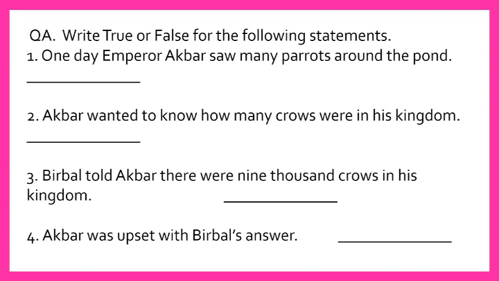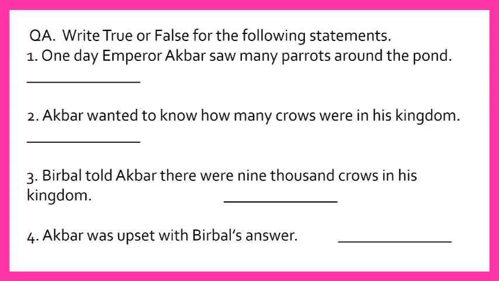Now you have to see the figure which was given in the story. Was it 9,000 crows or was it different? So again, verify this information from your story, and if you think Birbal only told Akbar and he told about the crows and the figure was 9,000, then you may write true. And if you think any of the information is incorrect, then it should be false for this statement.